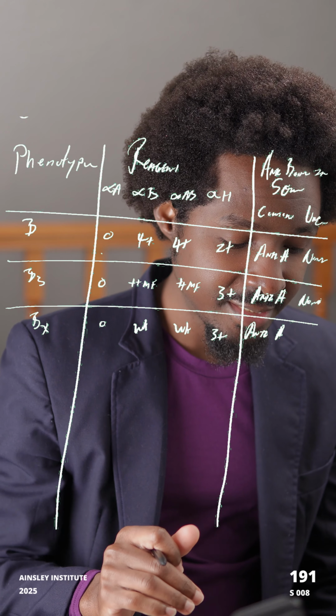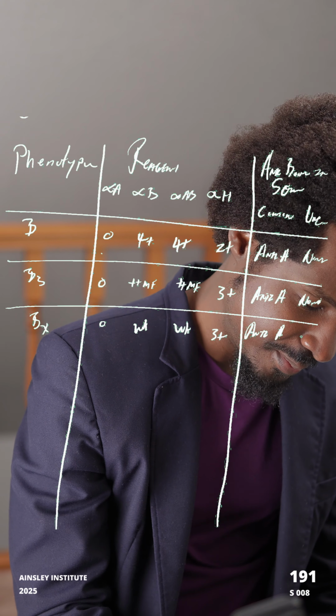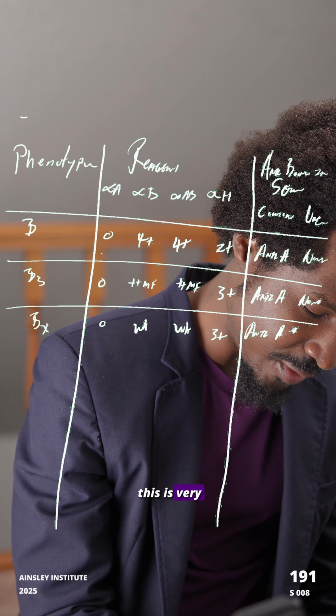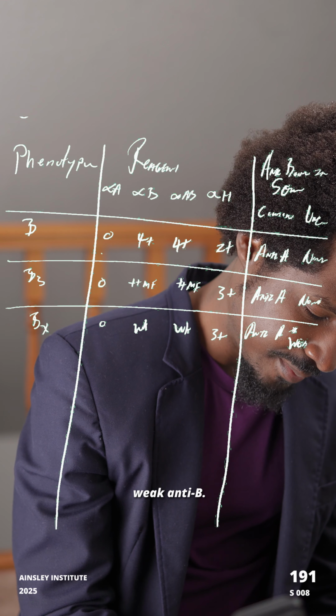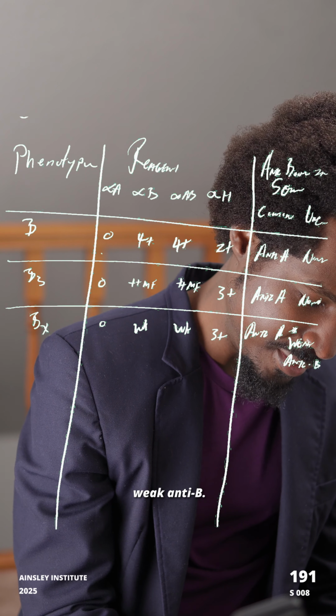For unexpected, we're going to have weak anti-B. This is very important: weak anti-B.